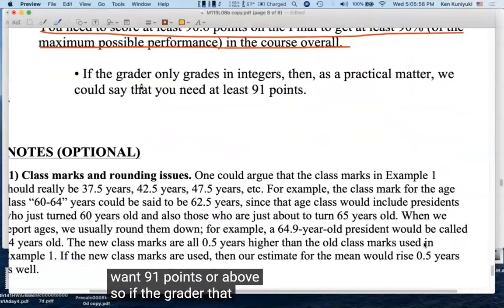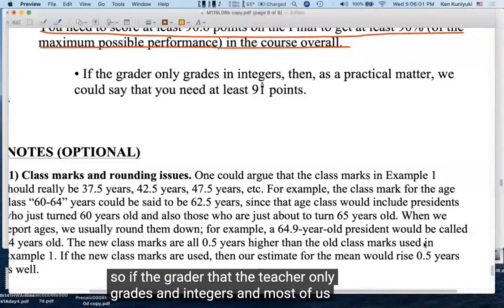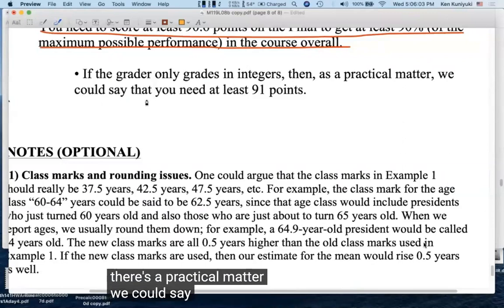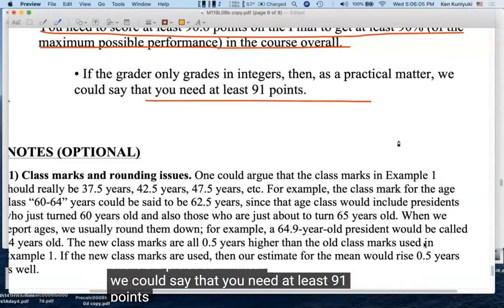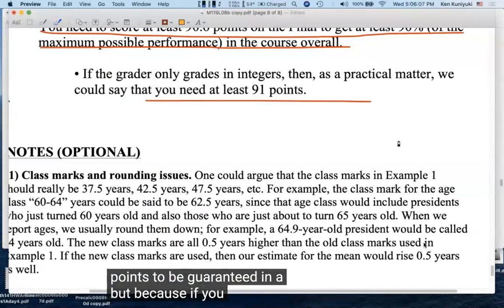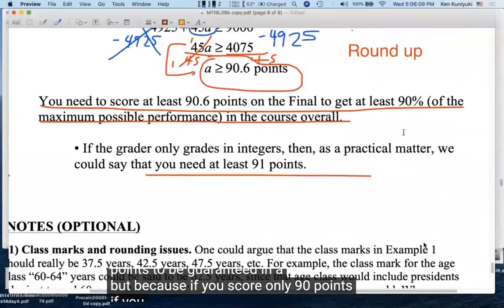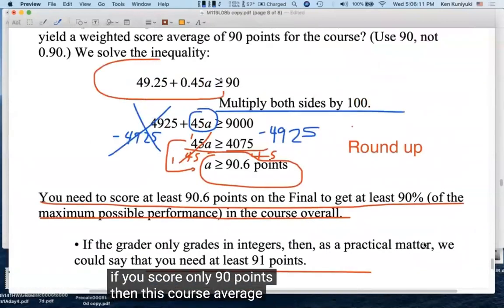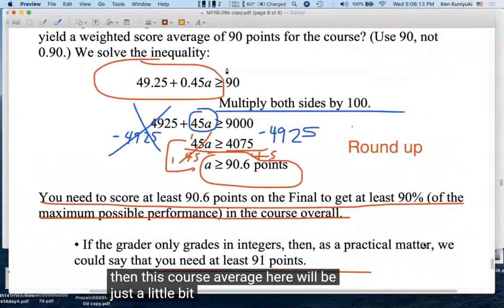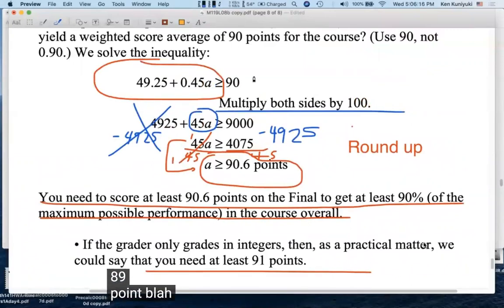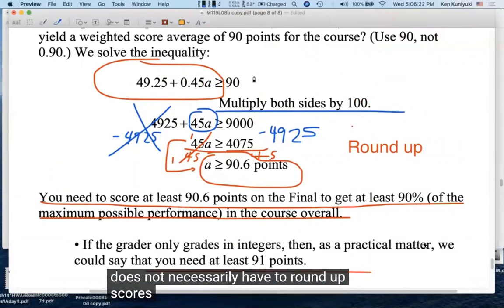So if the teacher only grades in integers, and most of us do, then as a practical matter, we could say that you need at least 91 points to be guaranteed an A. Because if you score only 90 points, then this course average here will be just a little bit below 90. It might be 89 point something. But bear in mind, your teacher does not necessarily have to round up scores, okay?